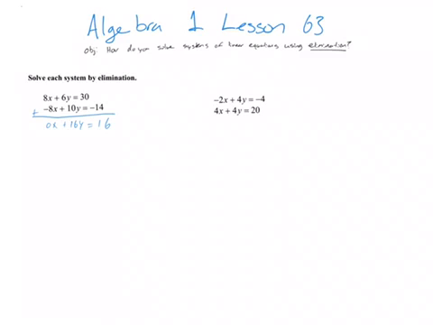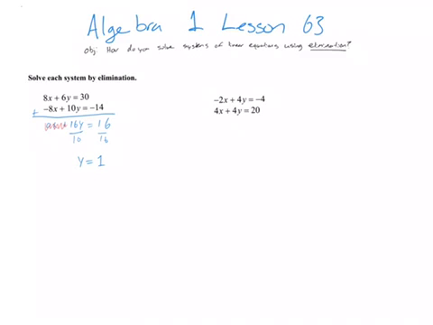Well, it's kind of silly to write 0x's because that's just 0, so we don't really even need to write this part here. It's just going to be 16y is equal to 16. When we divide by 16, we get y is equal to 1.